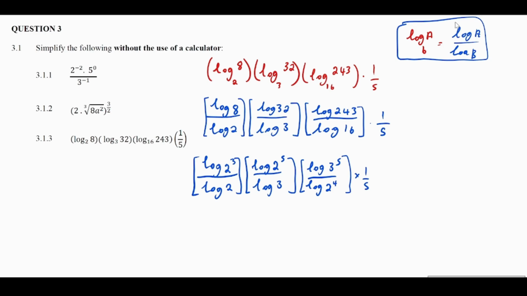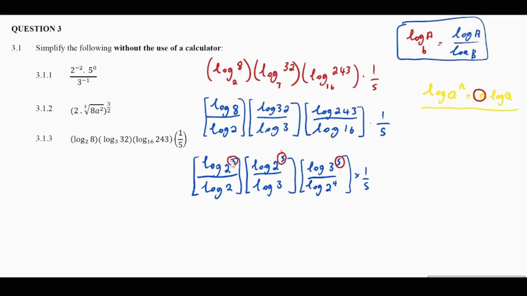Again, let us remind ourselves about another rule. When you have the log of a to the exponent of n, this can be written as n multiplied by the log of a. Remember that, né? So that's what I'm going to do next. I'm going to take all of my exponents here and put them here where n is.